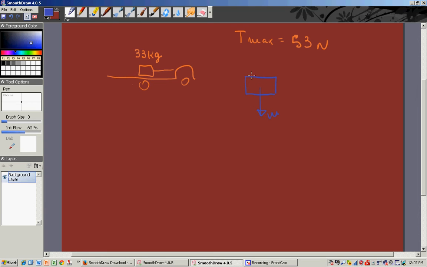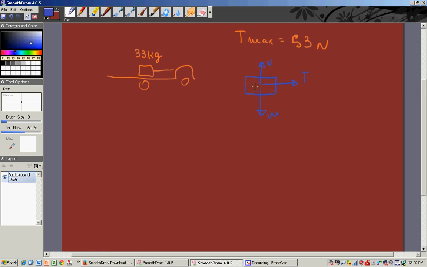How do we do an FBD? Let me change the color and just explore. So you take a box, right? And then what are the forces? Well, I have the weight and the normal, they cancel out, so they will not help me solve what's going on in the x direction.